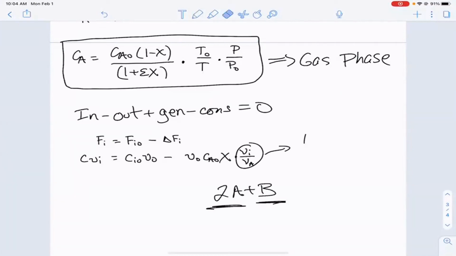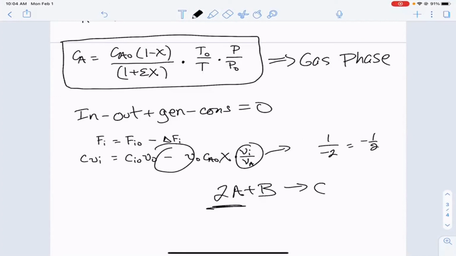Or let's say that 2A plus B goes to C, and we were interested in C. Well, this would be minus 1/-2, right? Or minus 1/2. So that would actually make this sign positive. And that would then tell us, oh, the concentration of C was increasing while the reaction was going on.